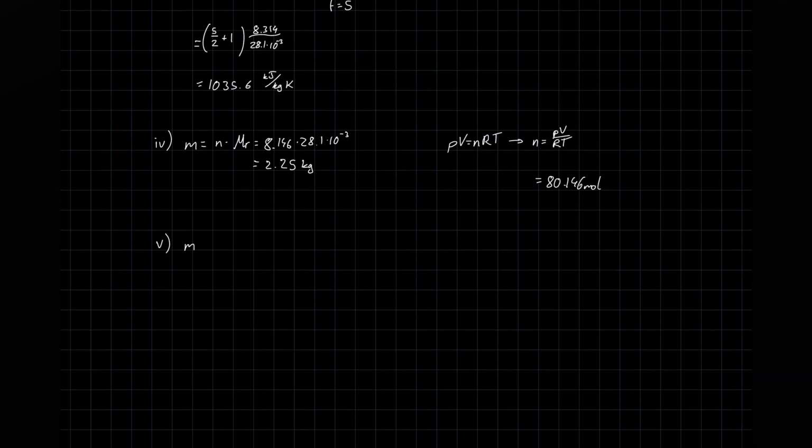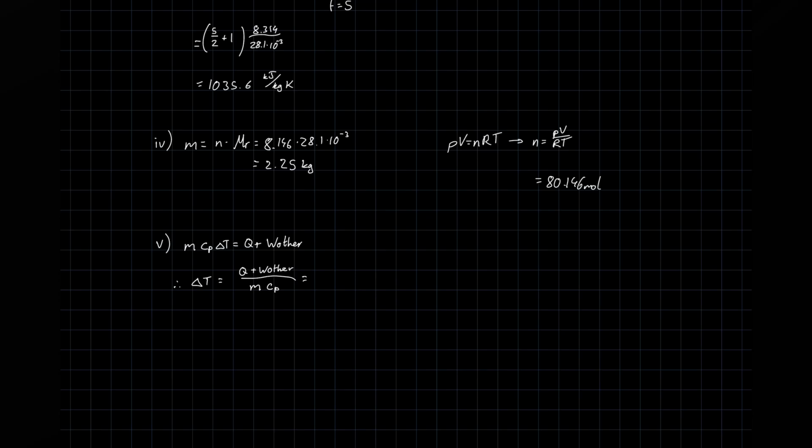So let's write it down. mCp delta T equals Q plus work other. We know that delta T must be equal to Q plus work other divided by mCp.